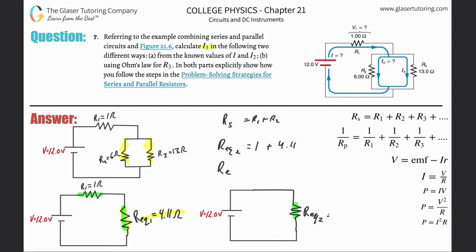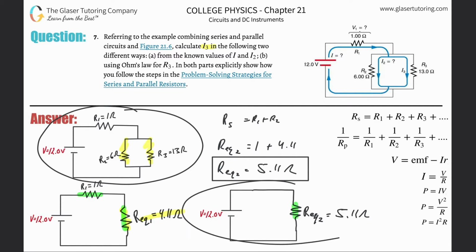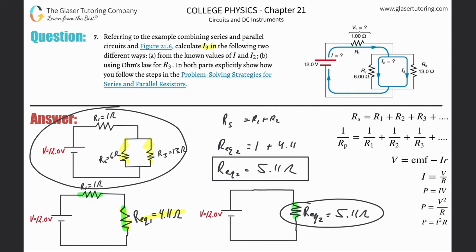So now when I add those two together, we're going to get simply 5.11 ohms, okay? Now that value is this value, 5.11 ohms. Basically what I did is I simplified this complex circuit now into this simple circuit. This whole complex circuit acts as if there is a single resistance on it that has 5.11 ohms.